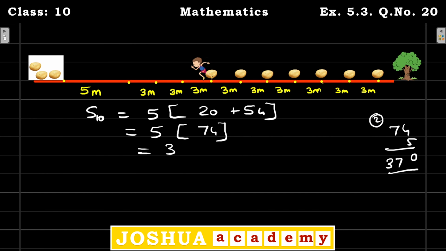So 370 meters. Finally, you have to write: the total distance run by the competitor to collect 10 potatoes is equal to 370 meters.